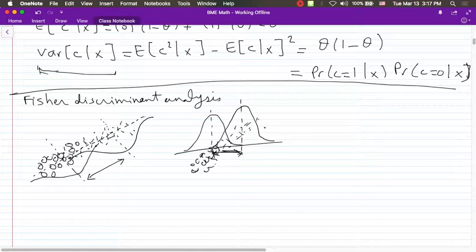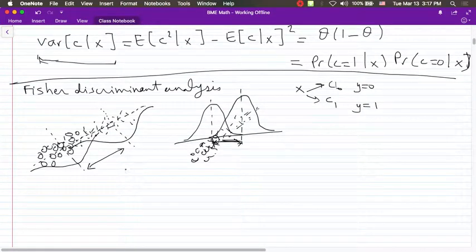So our problem is that we have x and we have to classify it as either belonging to class C0 or C1. So here y is equal to 0, and here y is equal to 1. When we have class 0, in that class we have n sub 0 data points.